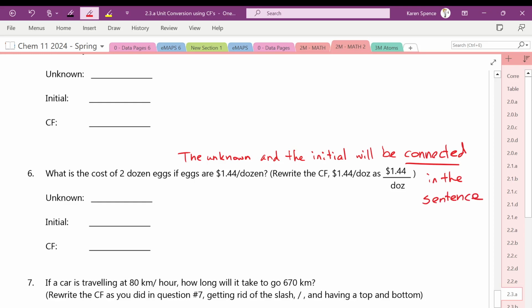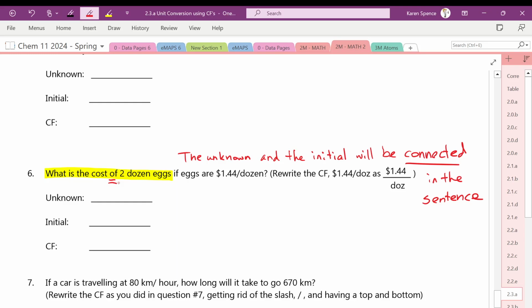What do I mean by connected? I mean, what is the cost of 2 dozen eggs? I want to know the cost of what? I want to know the cost of 2 dozen eggs. So that means that my 2 dozen eggs must be my initial quantity.